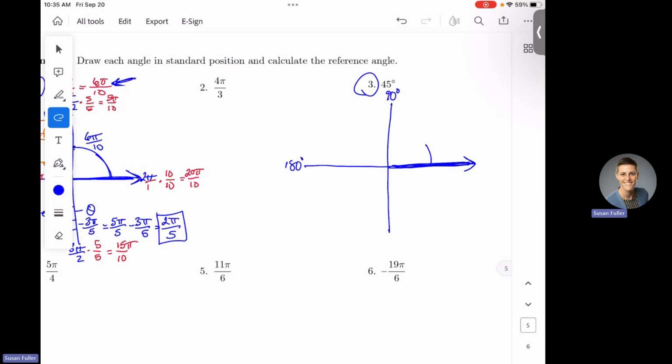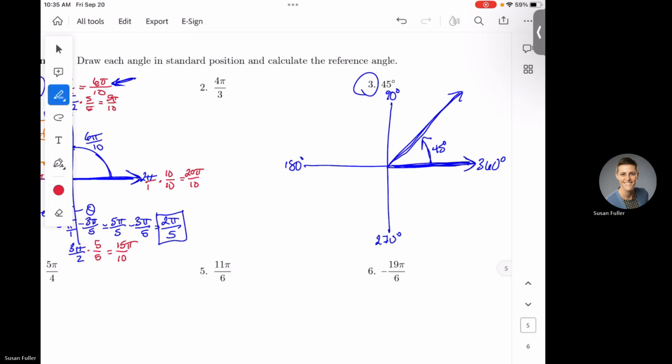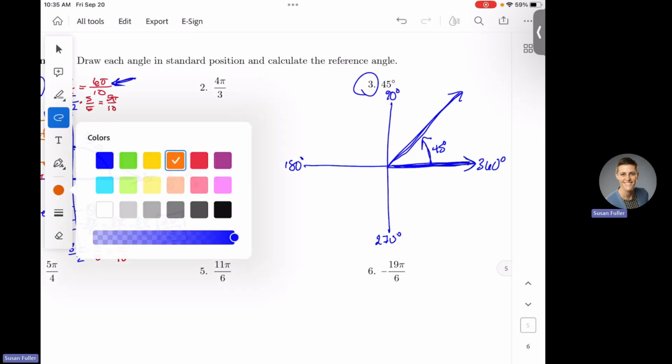That's 180 degrees. 270 degrees would be down here, and this would be a full 360 degrees. So to get to 45 degrees, I'm going to go halfway up to 90. So I'm going to go up here and stop. And at the halfway mark, that's going to be my terminal side. So this is my 45-degree angle. That's my theta. And we are graphed in standard position.